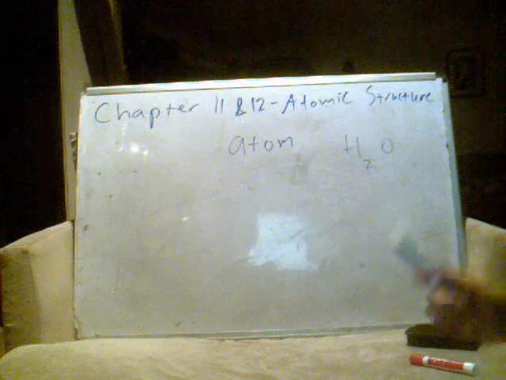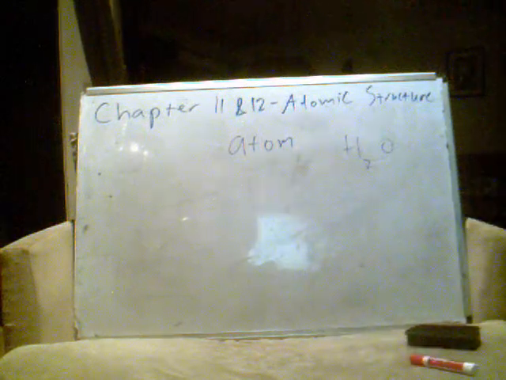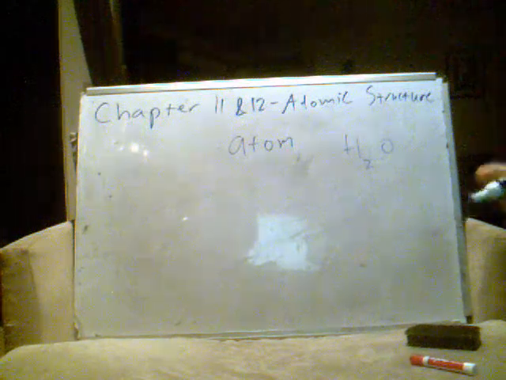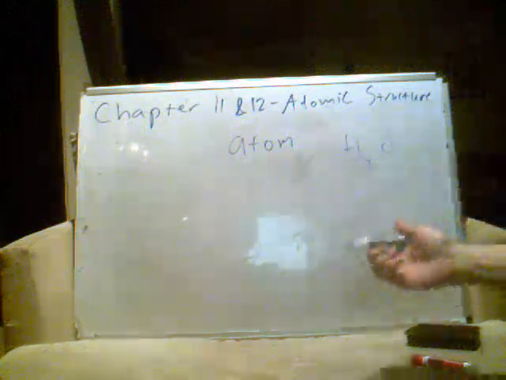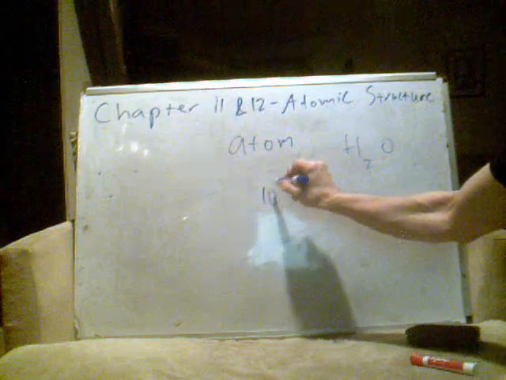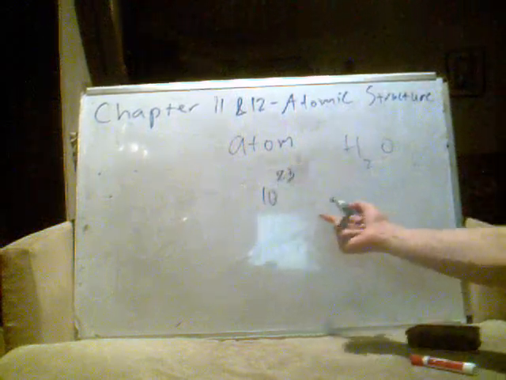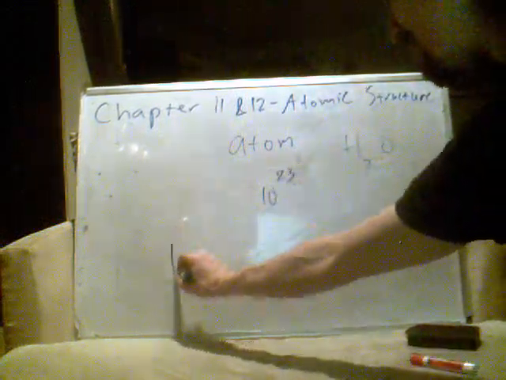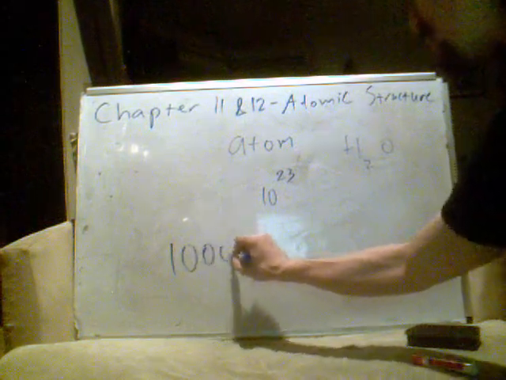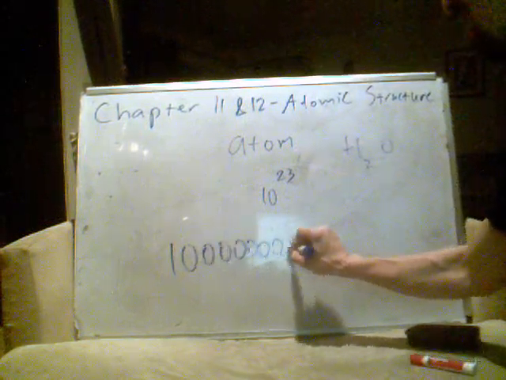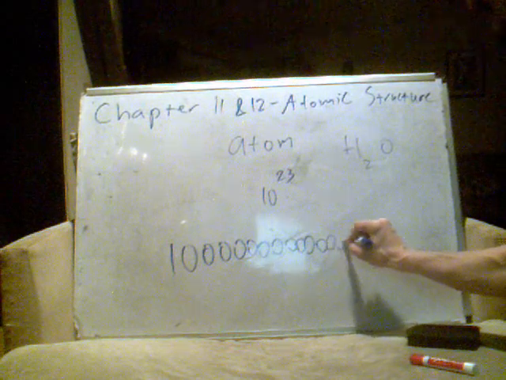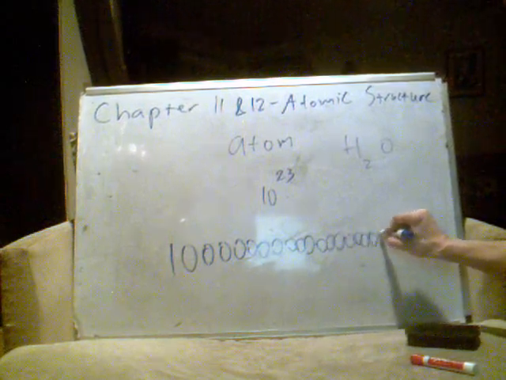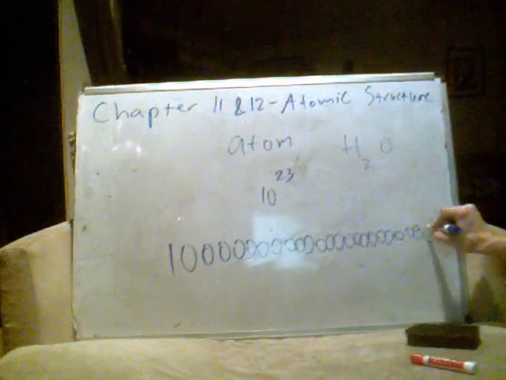But how small are these atoms? Well, we really have no intuitive sense of how big a number like 10 to the 23rd actually is, because that's like writing 1, 2, 3, 4, and so on up to 23 zeros.